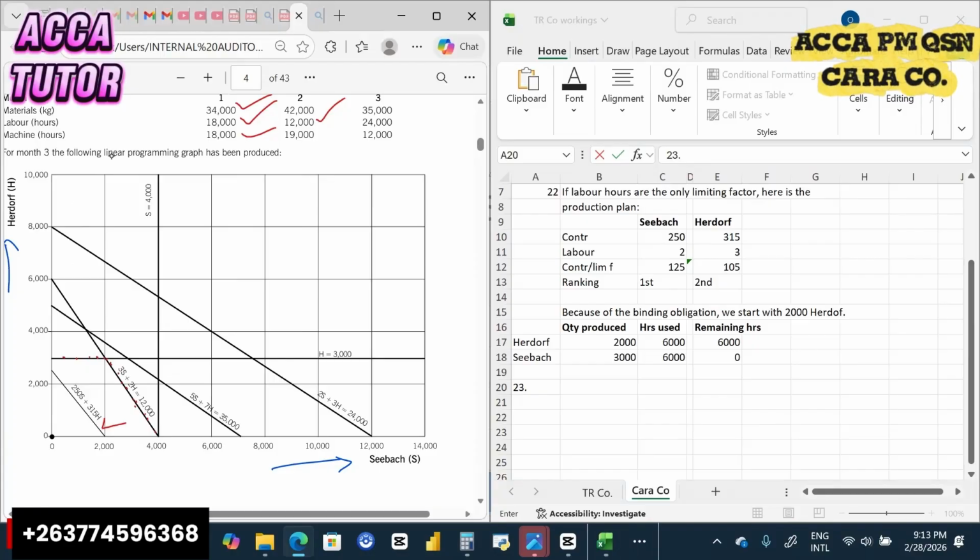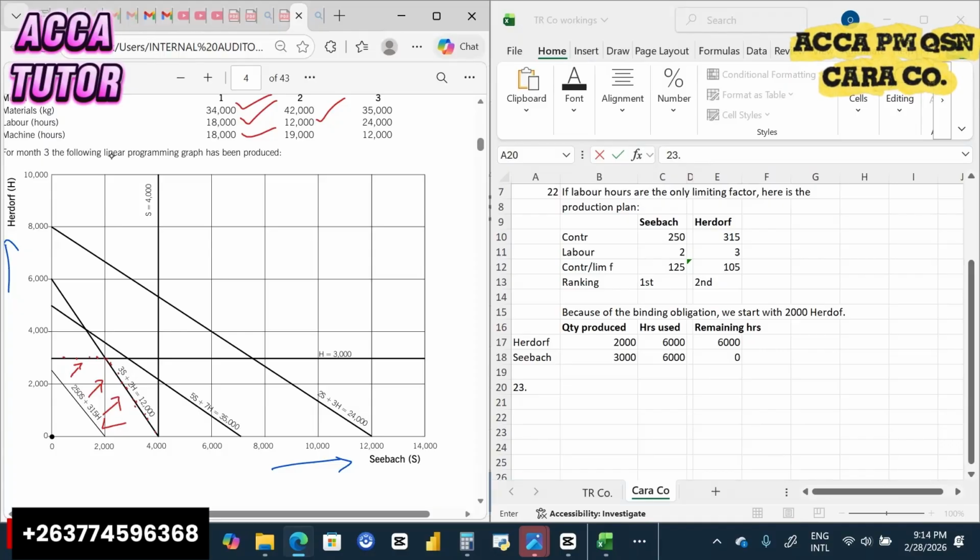So our prayer is that this ISO contribution, if it is moved in this direction, will be telling us the production combination that is going to give us more contribution.